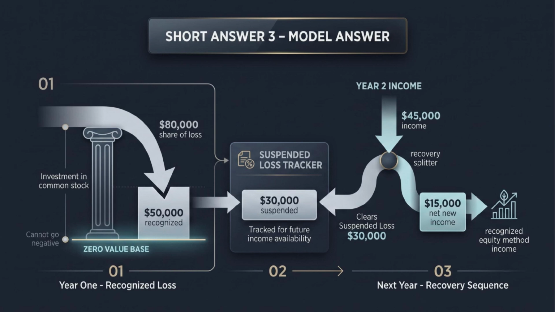Only the excess $15,000 is recognized as new equity method income. So the sequence is recognized loss, suspended loss, recovery of suspended loss, and then income recognition. Suspended losses stand in line before new income.